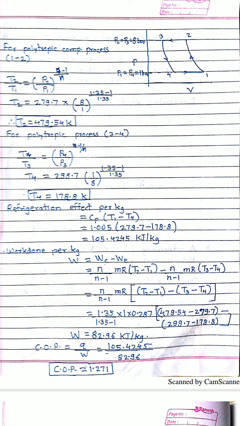So therefore work done is equal to 82.96 kilojoule per kg. So COP is equal to refrigeration effect divided by work done. So COP is equal to 105.42 divided by work done 82.96. So COP is equal to 1.27, when mass is considered as 1 kg.